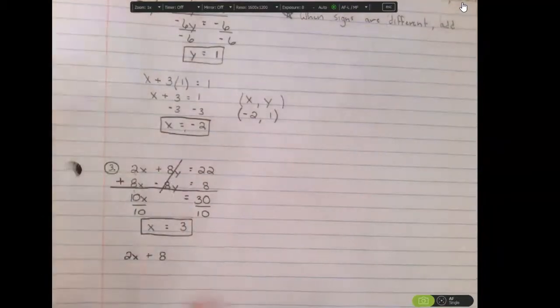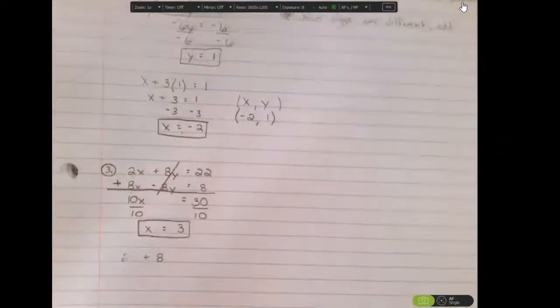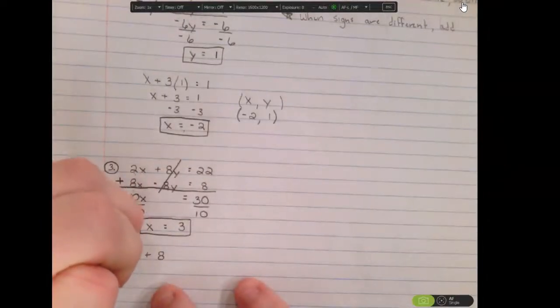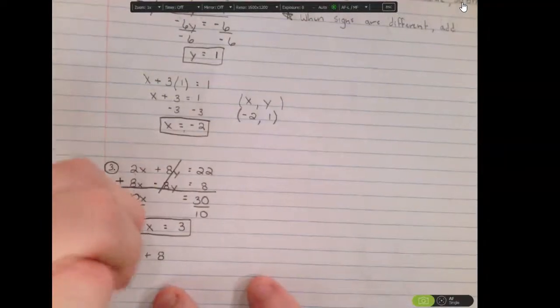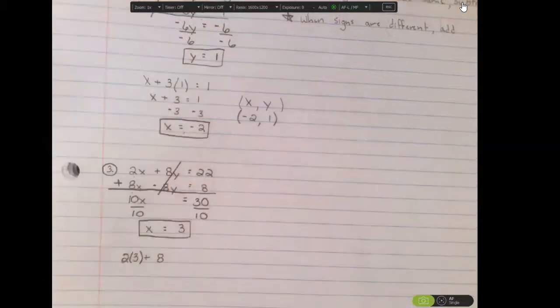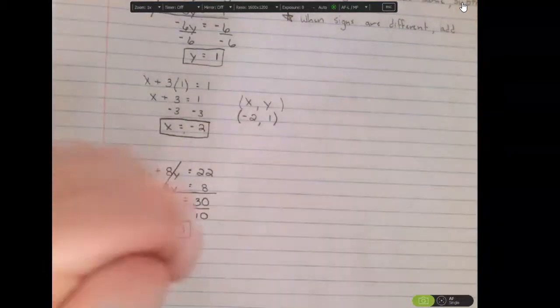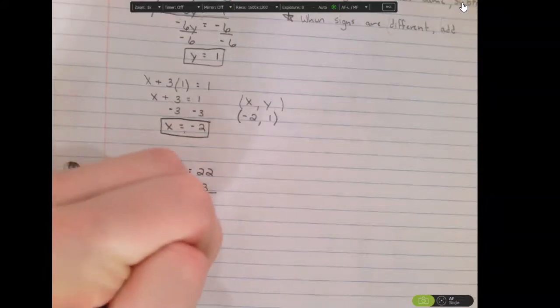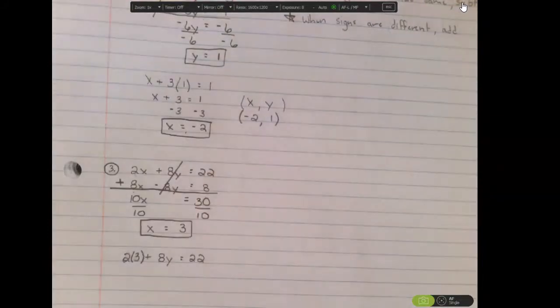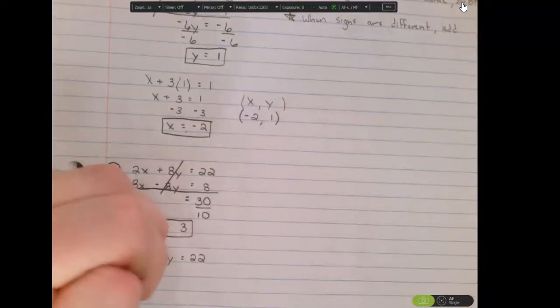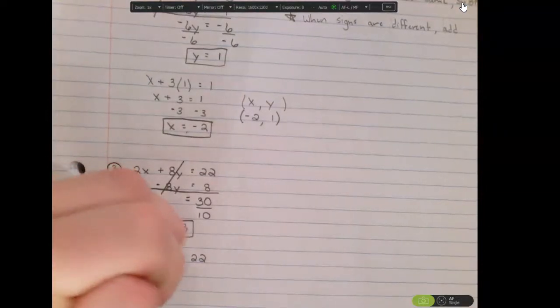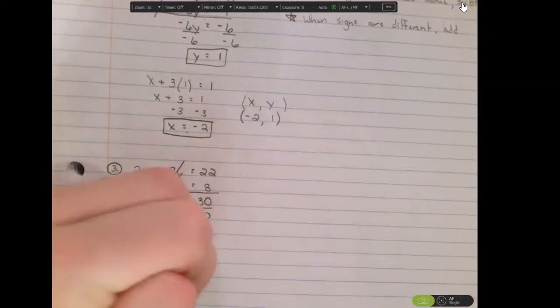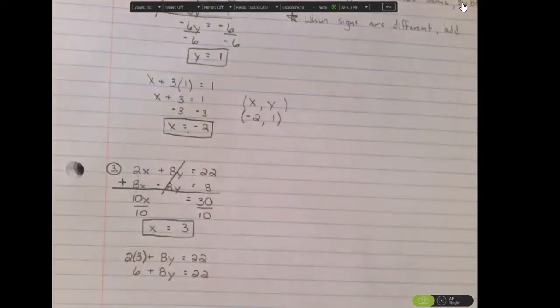So 2, here, remember to plug it in. So 2 times 3 plus 8y equals 22. So 2 times 3 is 6 plus 8y equals 22.